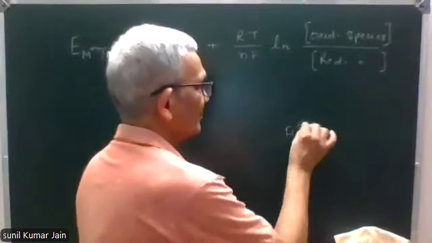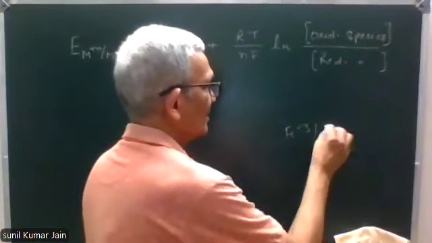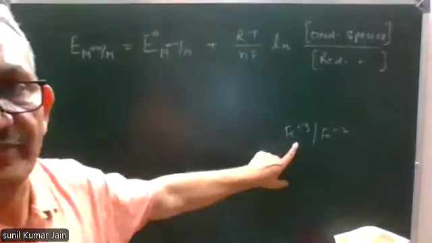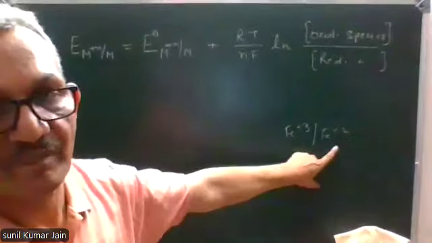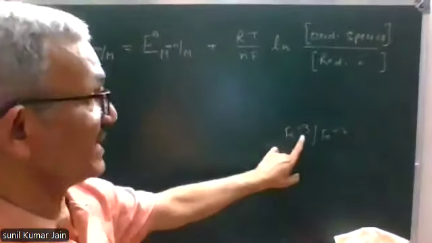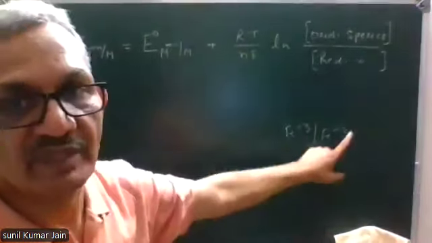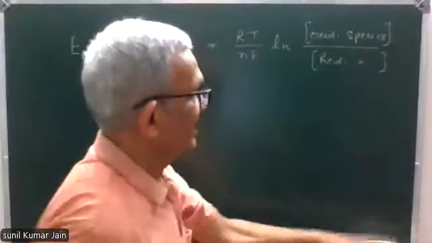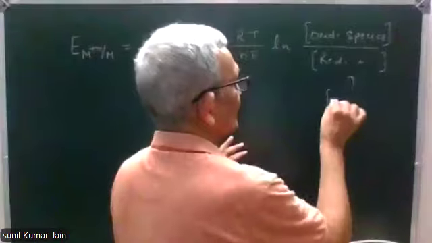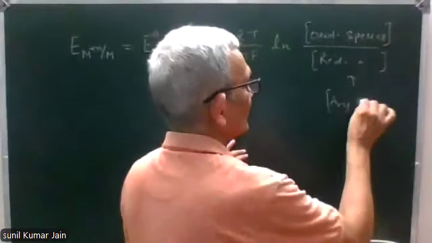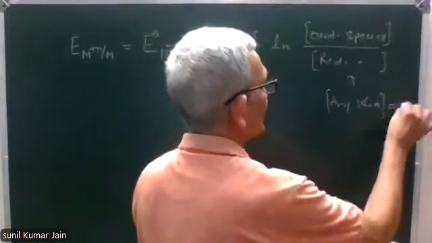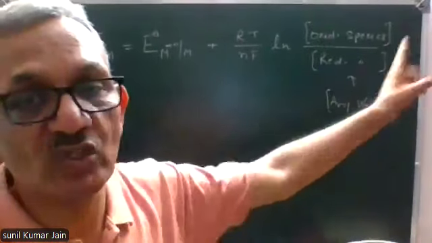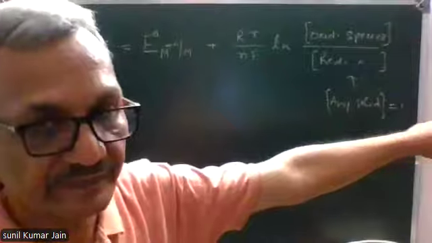Let us say the electrode is ferric ions and ferrous ions. Oxidized form is Fe^3+, reduced form is Fe^2+. Right? Write down. Within brackets, concentration of any solid will be taken equal to 1.